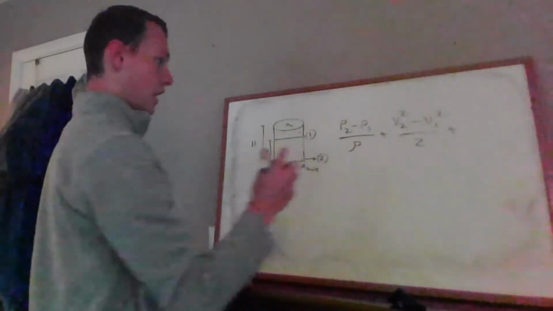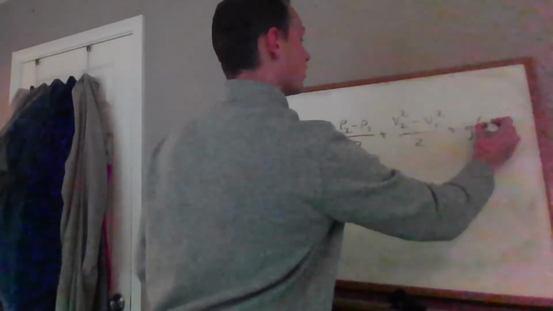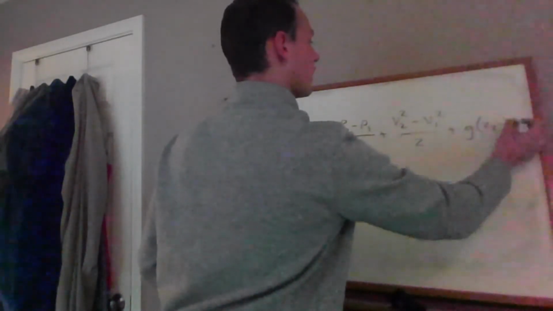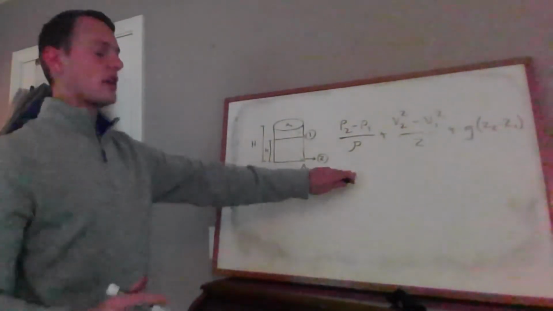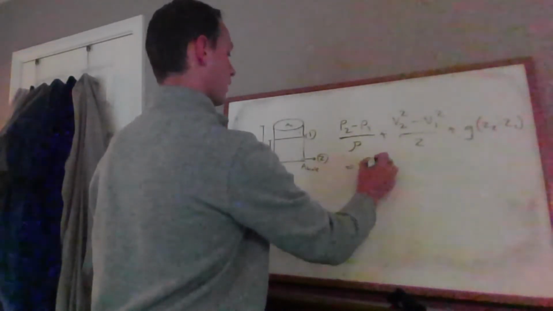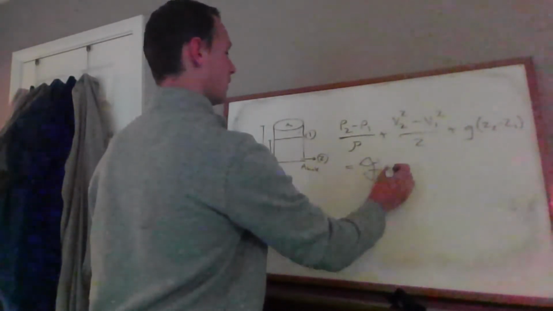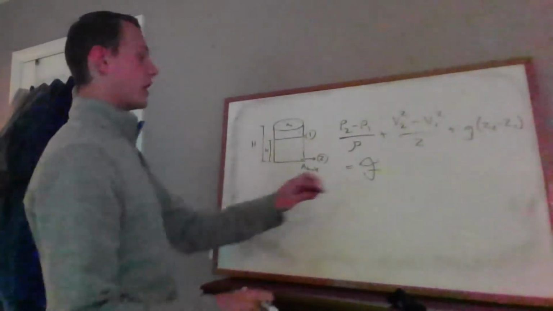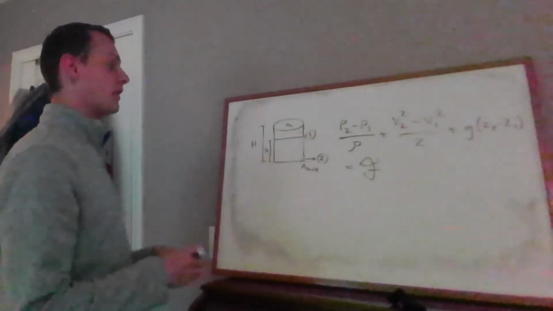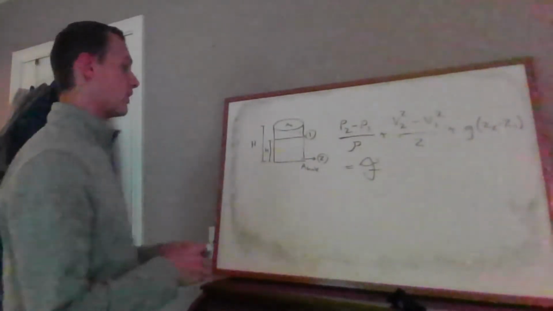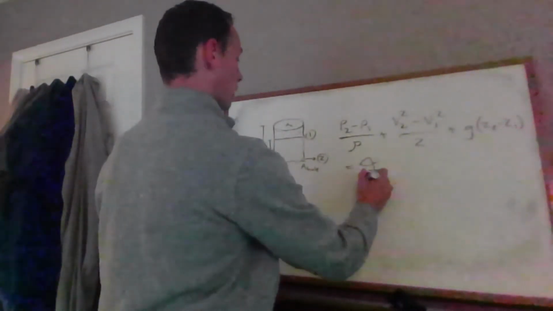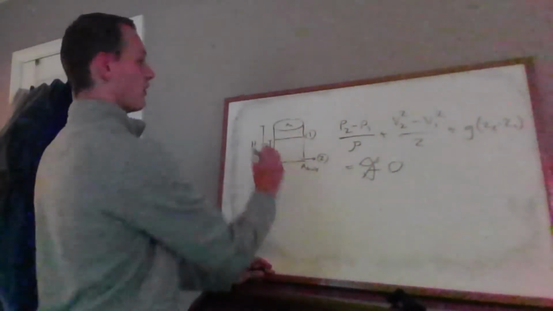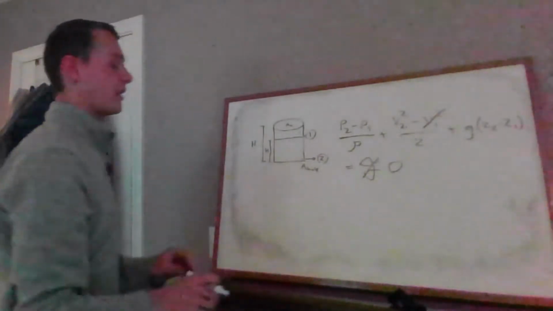And then we also have the change in the gravitational potential energy, and we can use Z for that this time. Okay. This expression, the F term, is the frictional heating, which would be the difference between the internal energy and the heat added to a system. Because we're ignoring this, it is 0. And then we also said that the velocity of our fluid surface moving down is 0, so we get rid of that as well.